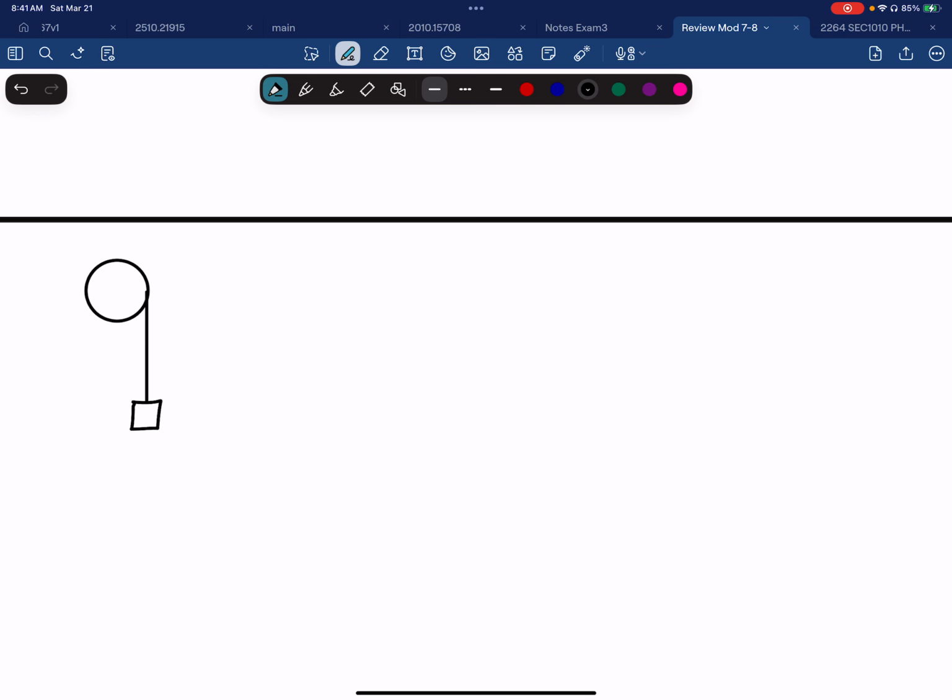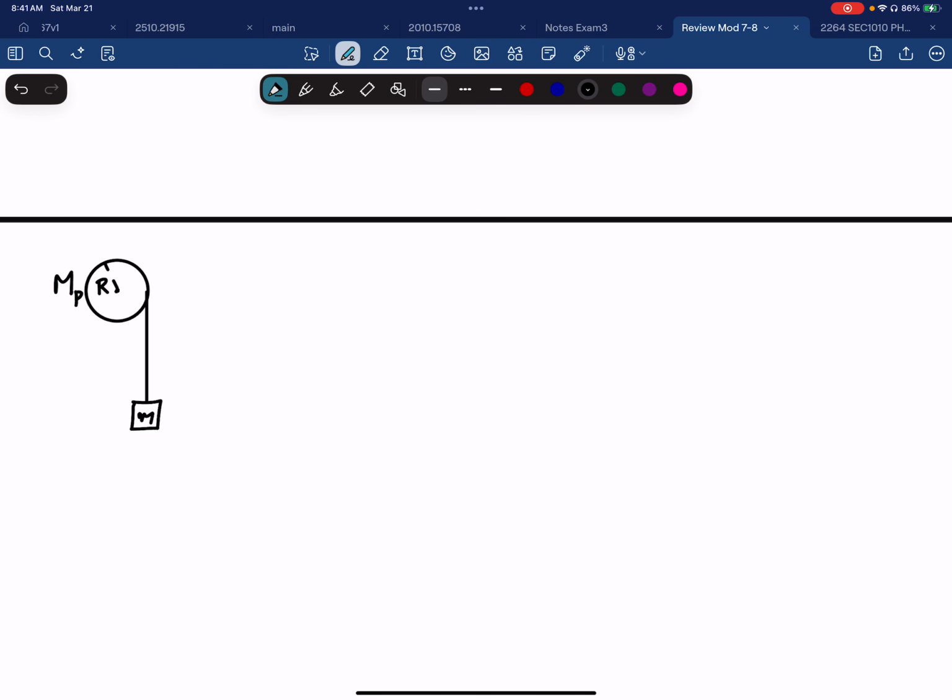So this is the pulley which has a radius r. Okay, now this is small m, this is capital M, or let's say MP.